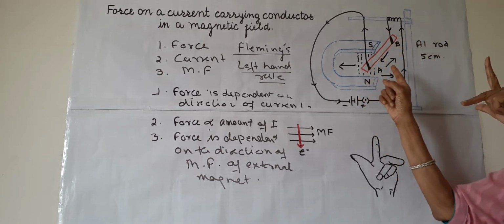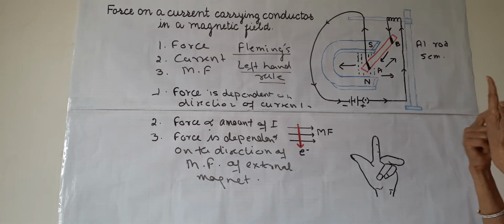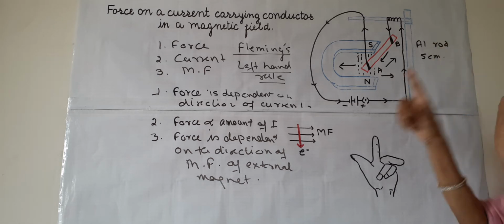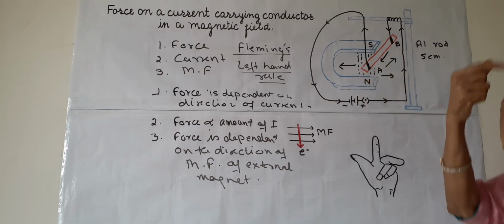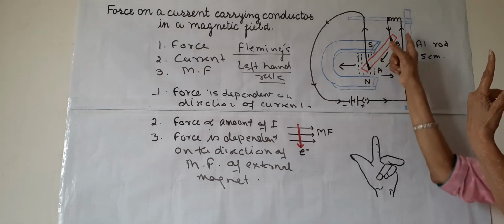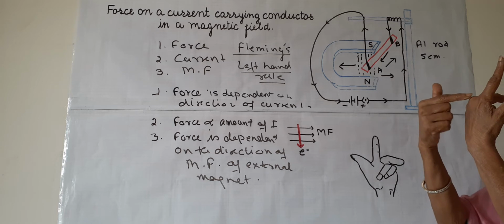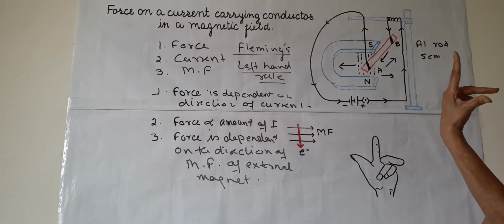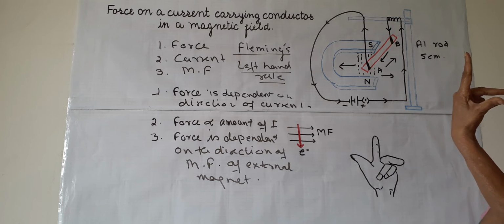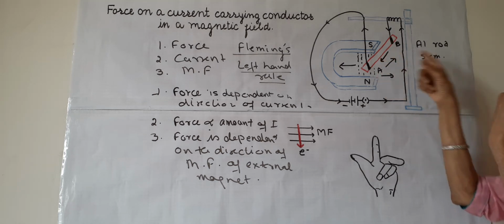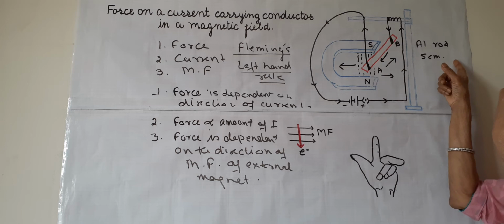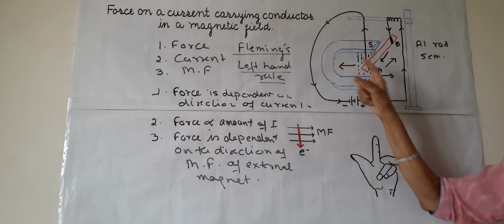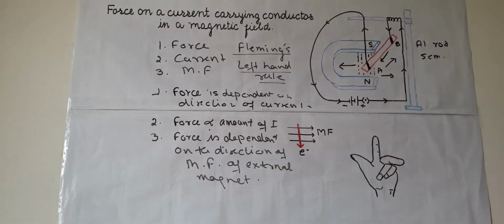Suppose the direction is changed and now the direction is like this. The field will be the same because the north-south poles are the same. Now the direction of current is changed from A to B. Now the thumb is towards the outer side. So this rod will go out towards the right hand side, and previously it was going towards the left hand side.